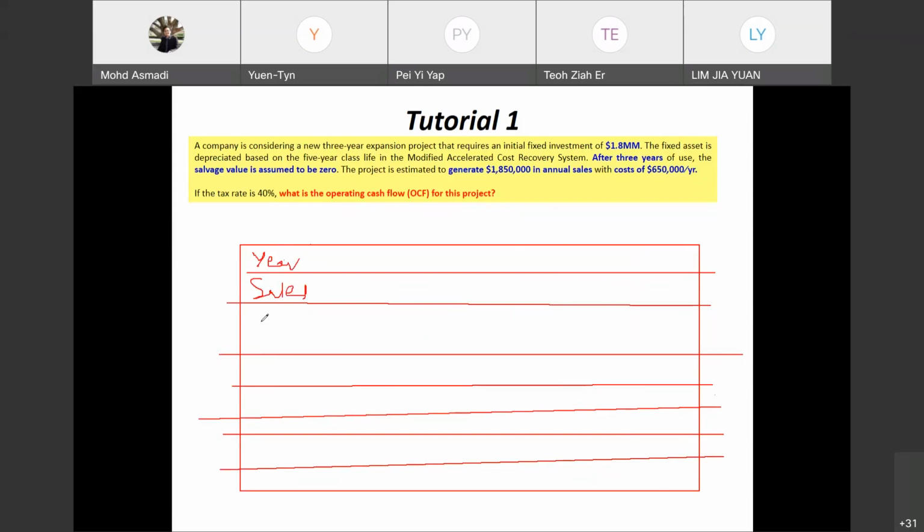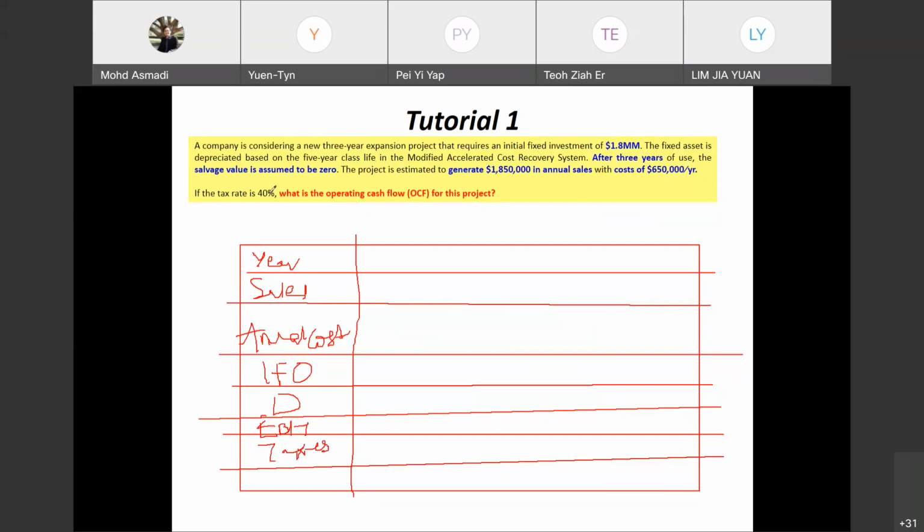What else? Annual cost. What else? IFO, the same. Depreciation. EBIT. What else? Tax, 40%, right?